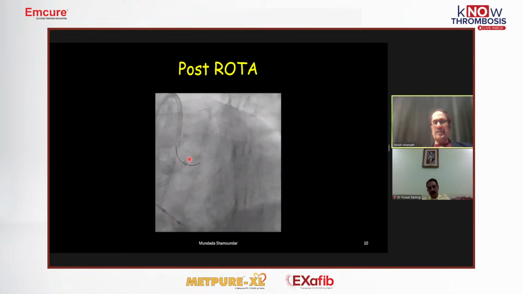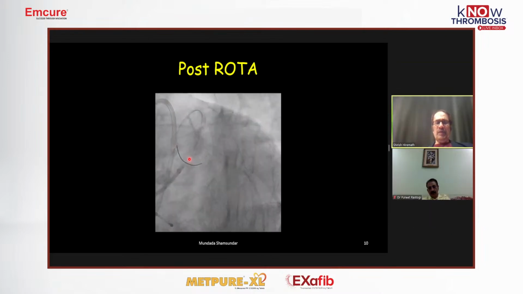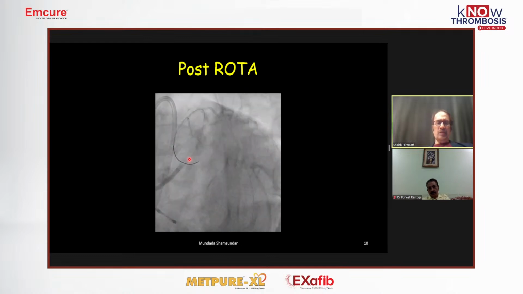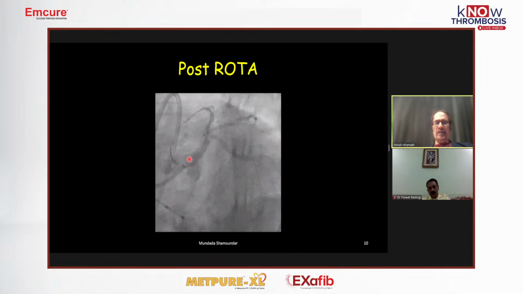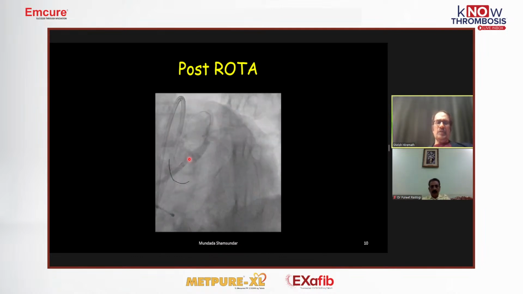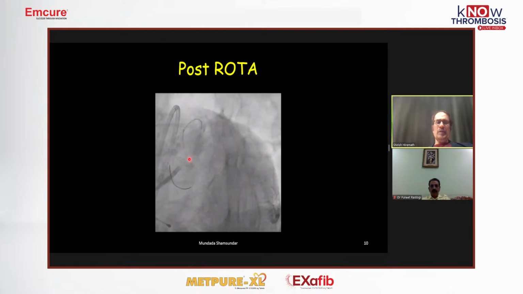I think the arteries are feeling better, and you can see more dye flowing distally. I guess more blood was also flowing. So the idea was not to get the patient into any kind of LV failure on table.